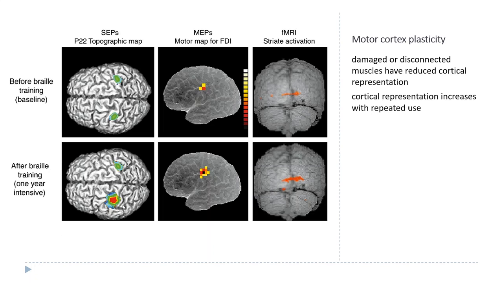And here, what you can see is that on the left side, so presumably they were using the right hand to read Braille, now, when they look at brain activity while people are reading Braille after a year of training, the parts of the brain that are active on the left side are much larger than they were before, and much larger than they are on the opposite side of the brain, which presumably has not been trained to read Braille.